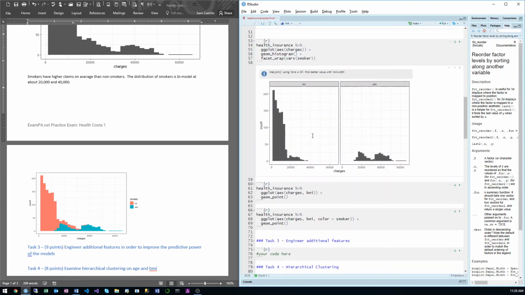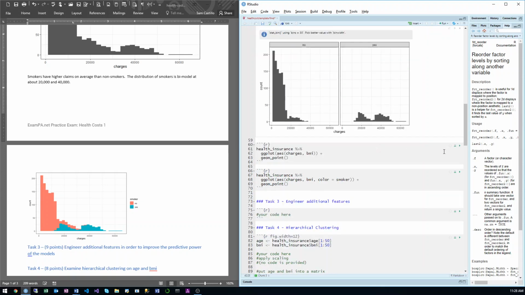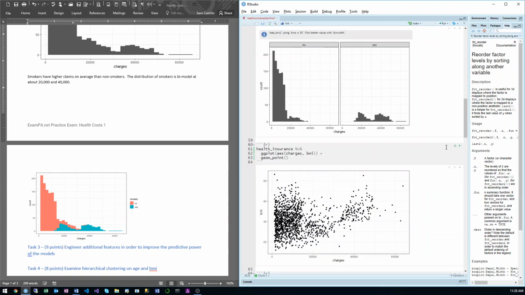Here's another way of showing this. On the left is non-smokers, on the right is smokers. Here's a graph of the charges against BMI. You can see that as charges increase, BMI tends to increase as well.